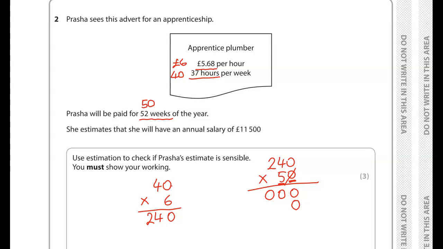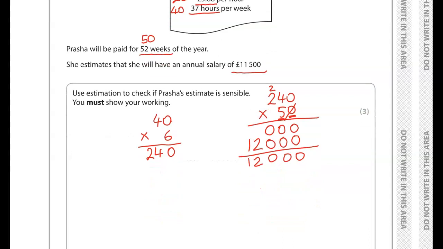So 5 times 0 gives us 0. 5 times 4 gives us 20. So 0 down and 2 carried over. 5 times 2 is 10 and the 2 is 12. So that gives us 12,000, which is close enough to £11,500.